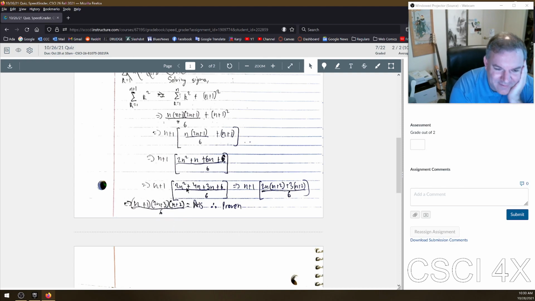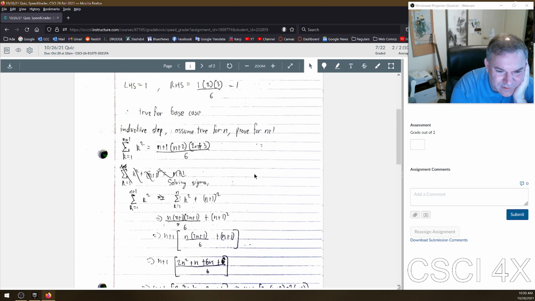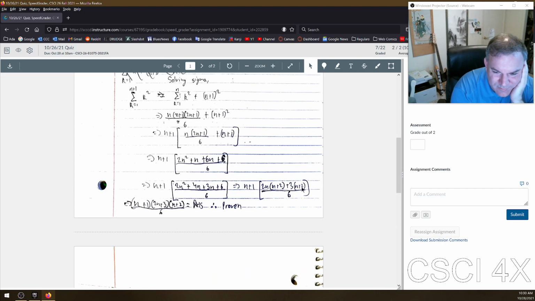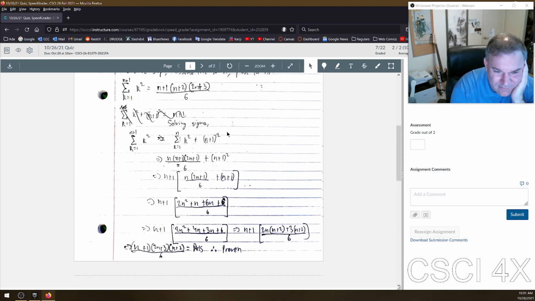I'm not seeing it here. I see the factorization, but that's not... There's 3n plus 6. Yeah, I'm not seeing it, dude. Like that's not.